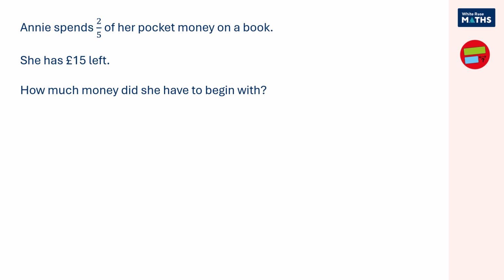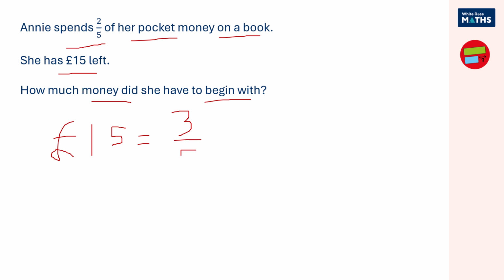Annie spends 2/5 of her pocket money on a book. She has £15 left. How much money did she have to begin with? So £15 is equal to, no, sorry, equals 3/5. Sorry, you caught me out there. It equals 3/5 because that is the remainder, the leftover money.